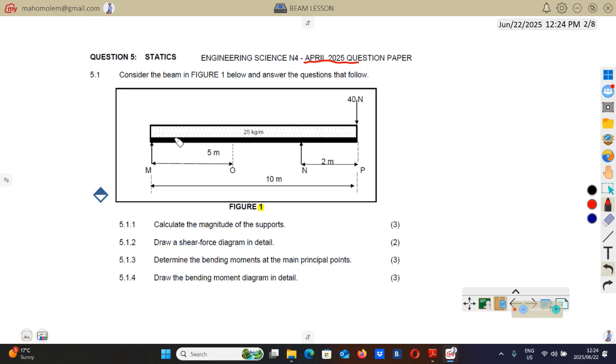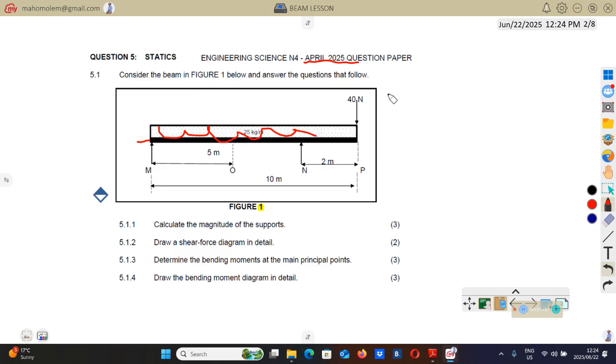As you can see here, even though the question is not that clear, I'm not sure if this 25 kg per m is for the mass of the beam, or whether this black thing that you see here is the beam, and then on top of the beam there is a uniformly distributed load.